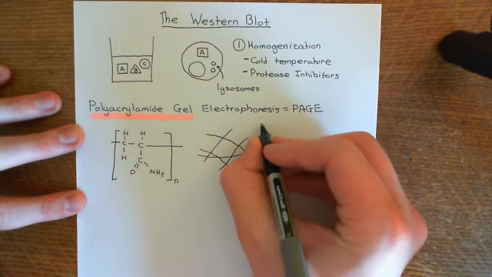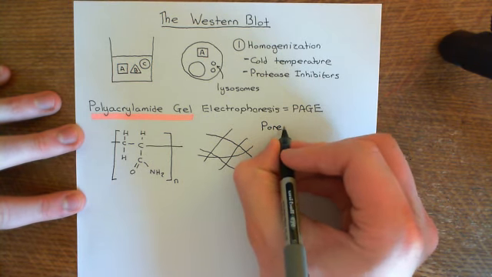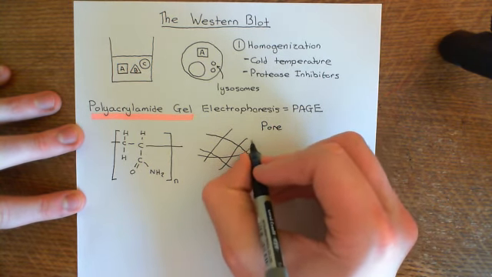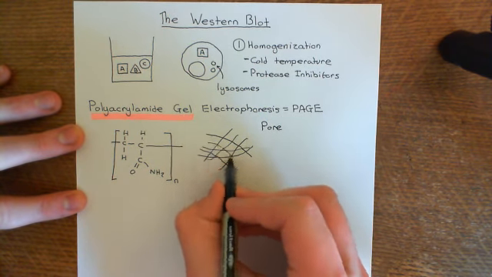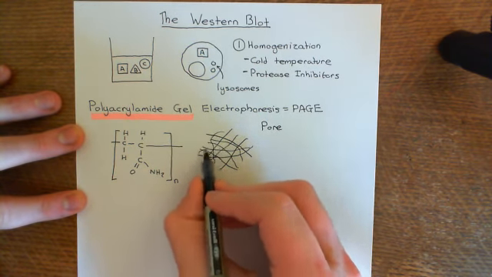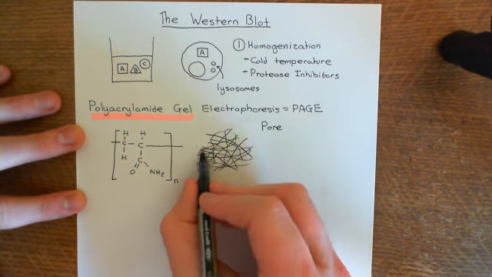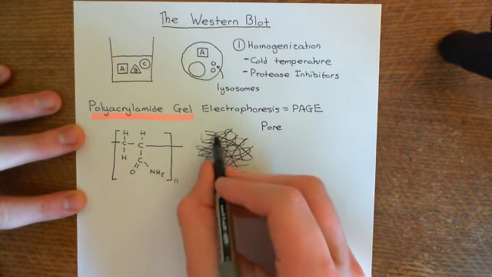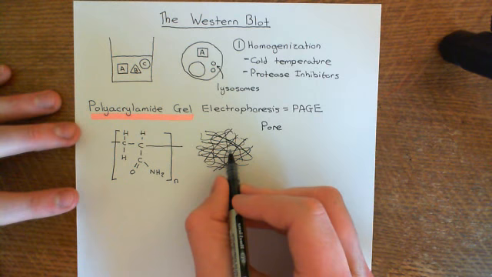The pores, as they're called, which are the gaps between the meshwork, will be quite large, whereas if you have a very high density of polyacrylamide molecules, then the meshwork will be far more dense, and the holes between them will be much smaller, so the pores will be much smaller.